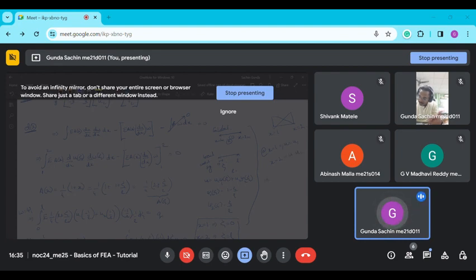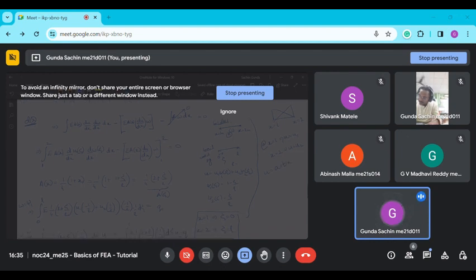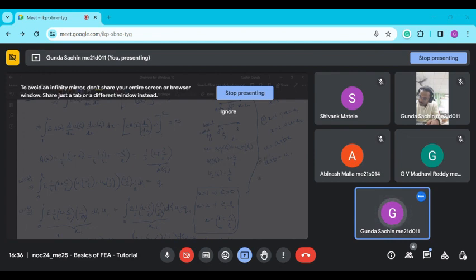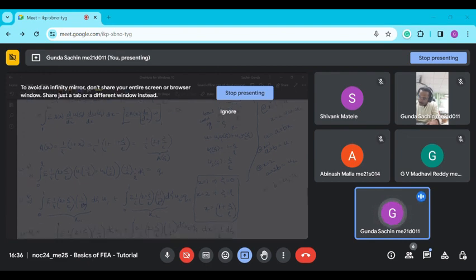At x equal to 1, u is u1, at x equal to 2, u is u2. And like we already saw, we are taking linear shape functions a plus bx. If you substitute x is 1, you have a plus b equals u1. At x equal to 2, you have a plus 2b equals u2.